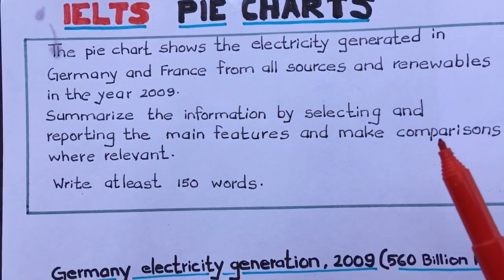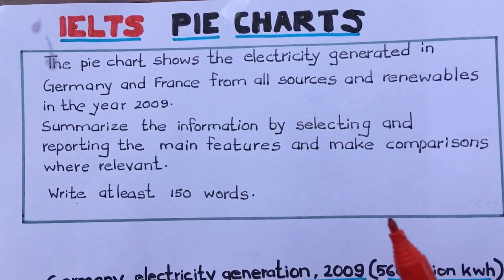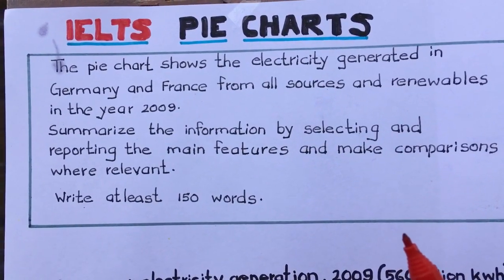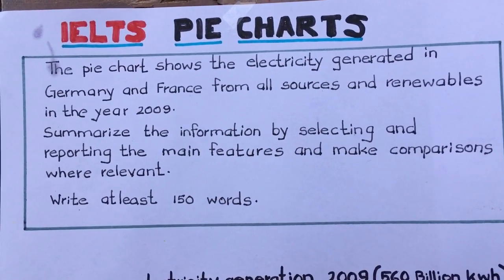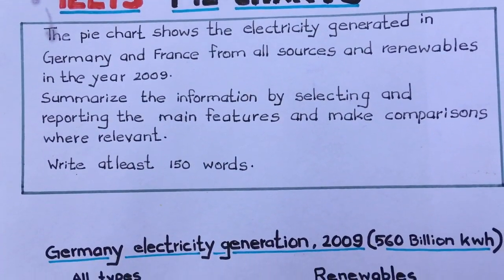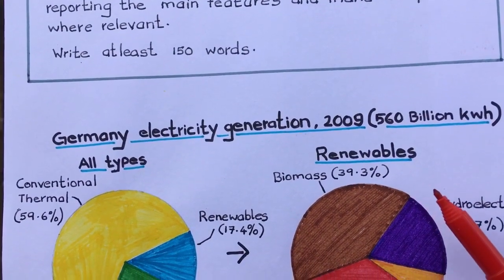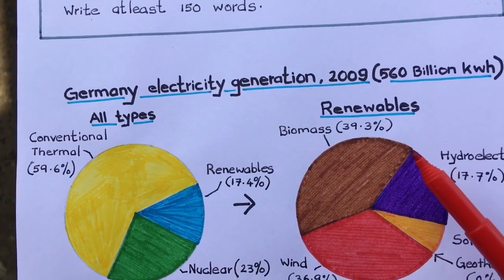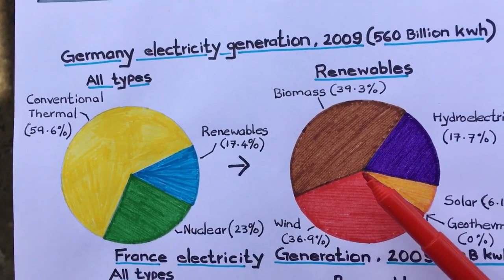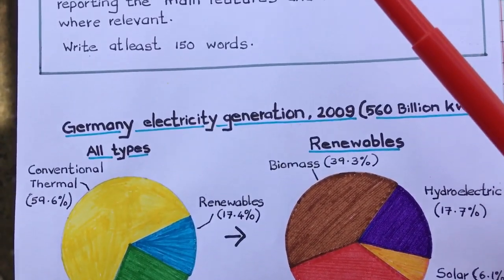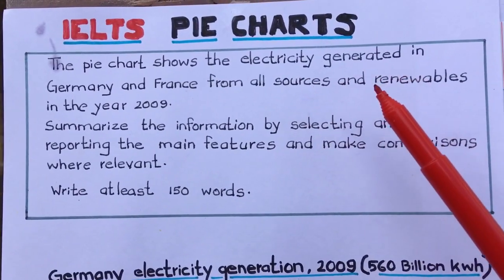Okay, so always I say that before moving to the discussion, you have to understand the diagram thoroughly and then only go for your writing. If not, you will lose your marks because most of the points you might miss if you don't understand the diagram thoroughly.